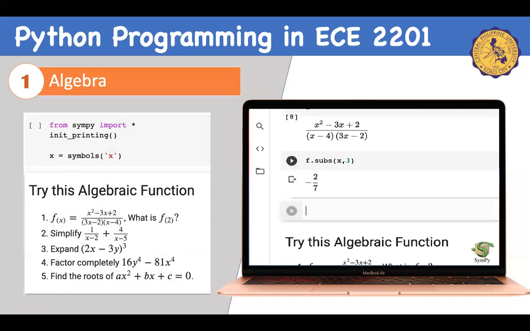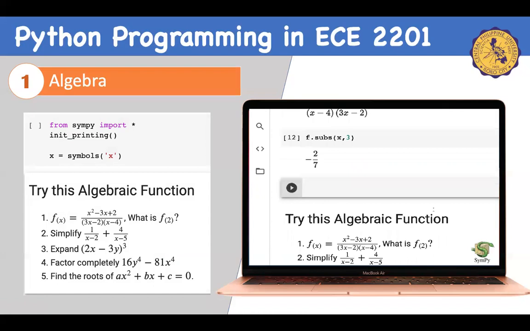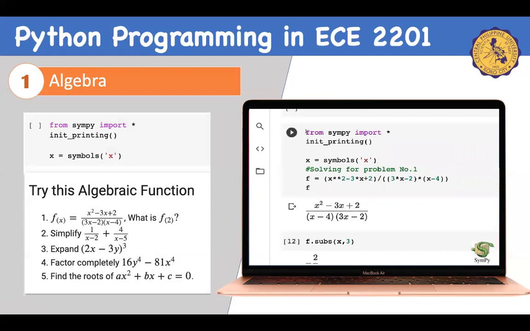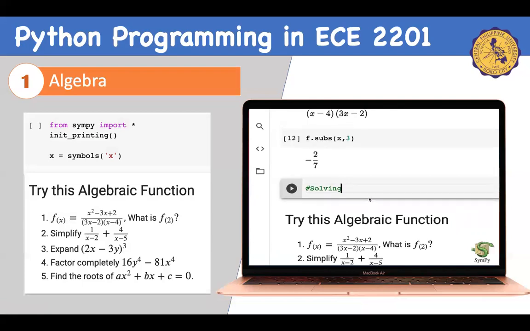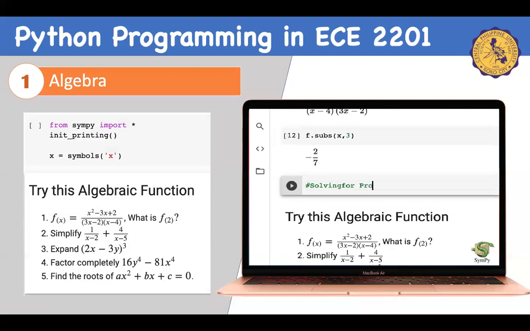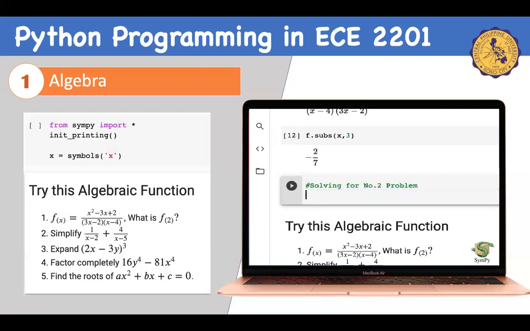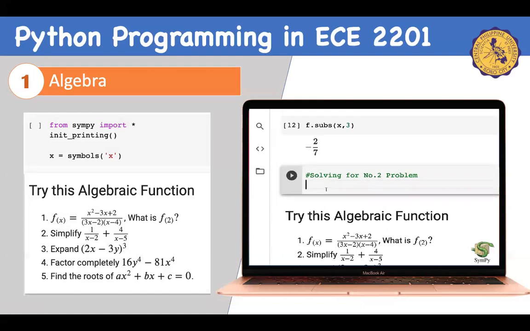Now we go to the simplification of fractions. Take note, this is very important: you have to initialize first, only once. Now for solving problem number 2, instead of f, we will be using g.